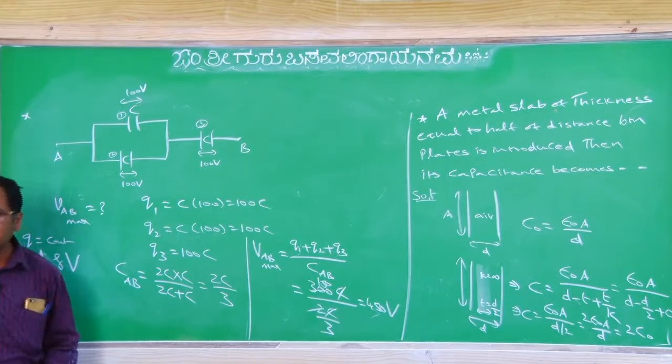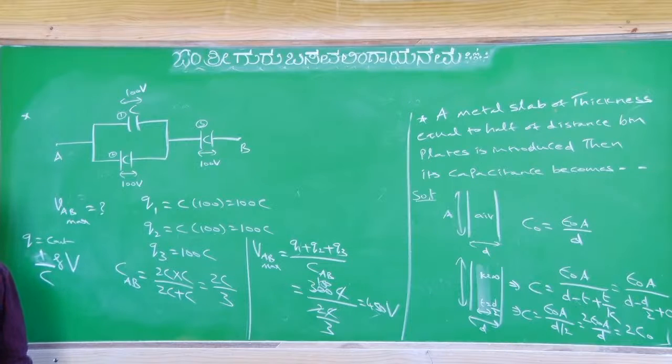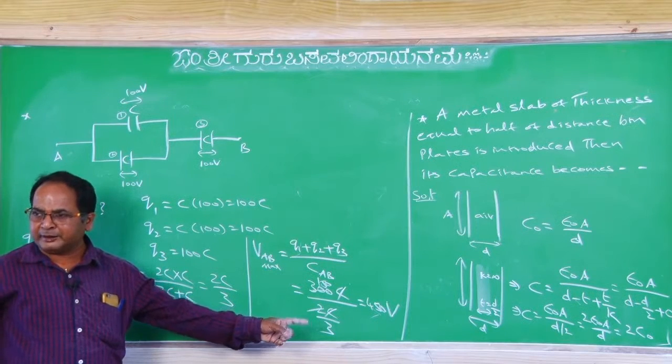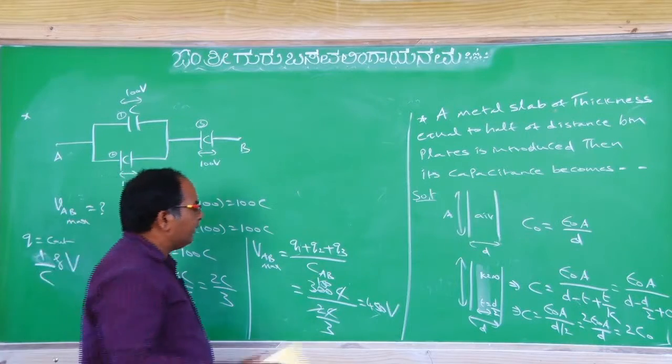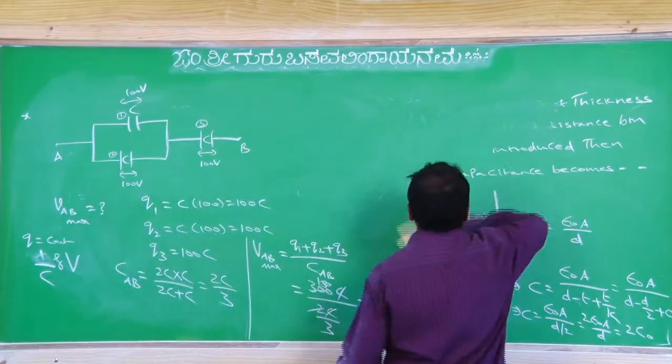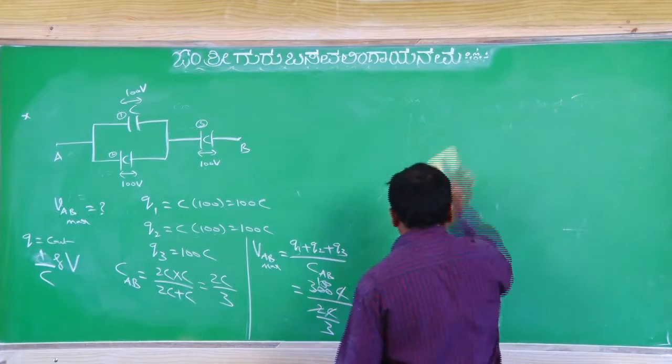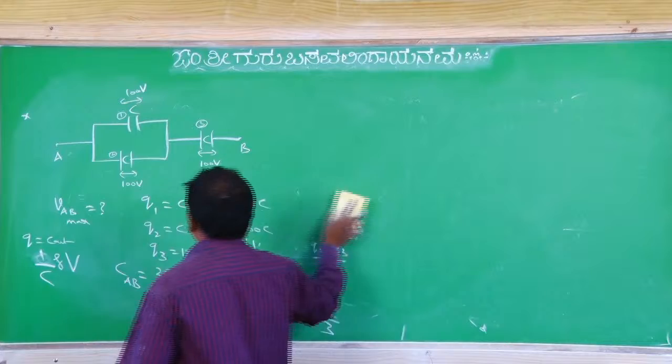That means in total we are able to apply a maximum of what? 200. That condition is given, like that. If the condition is not given, we are able to apply any amount of potential. So it will become 450 volts. Okay.